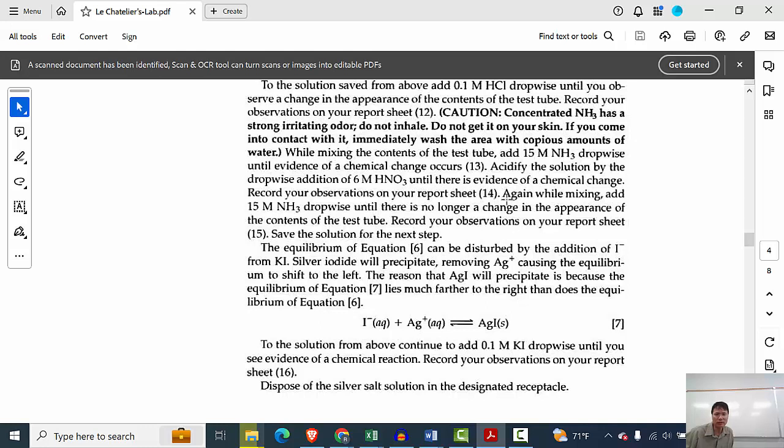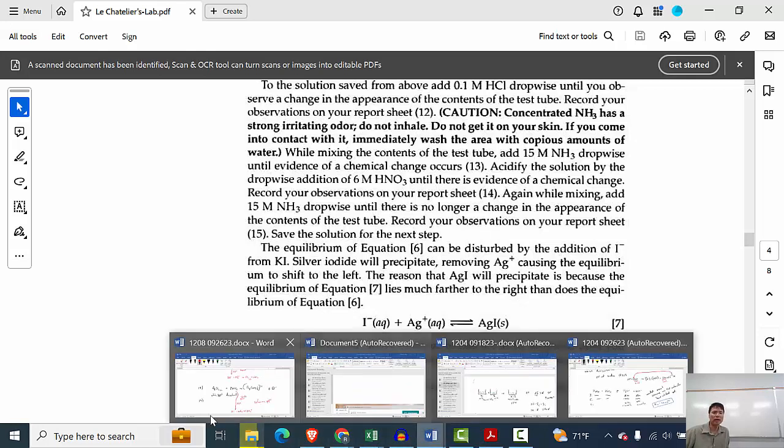Record your observations. 14. Again, while mixing, add 15 molar ammonia until there's no longer a change in appearance. Record your observations. So it's the same equilibrium, but now we're just going to add ammonia.